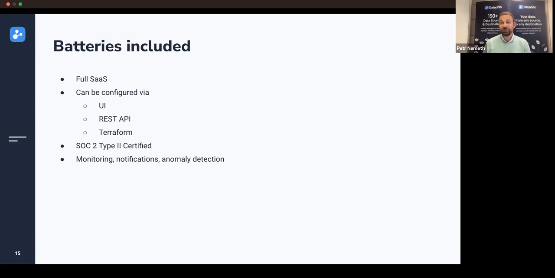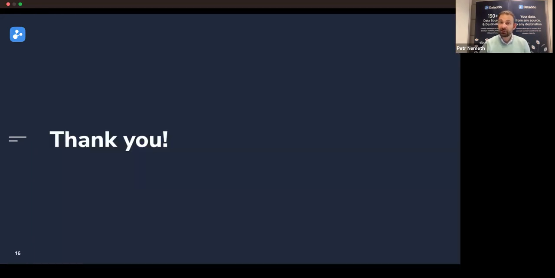We are fully SOC 2 Type certified, so whatever product you build on us or whatever data you transfer is under this certification. And I have already mentioned the monitoring, notifications, and anomaly detection in case something goes wrong.